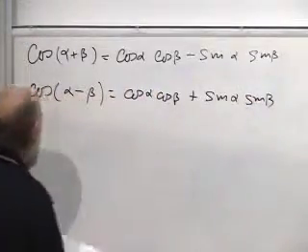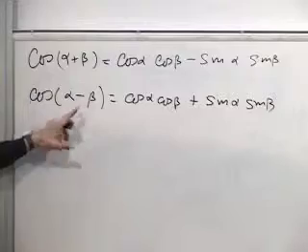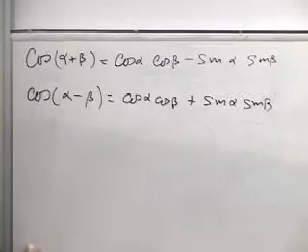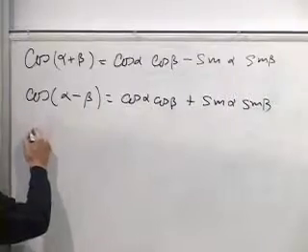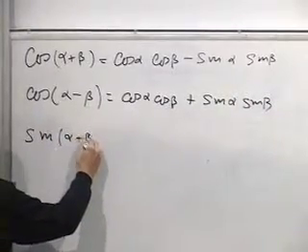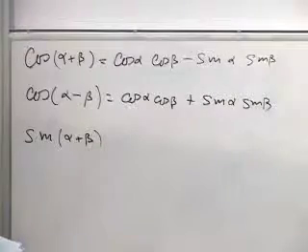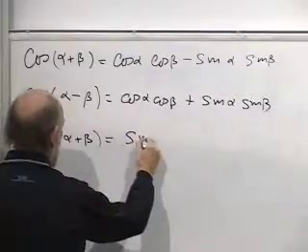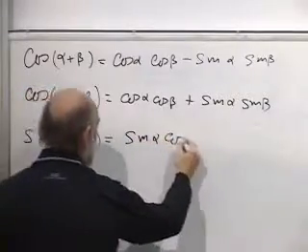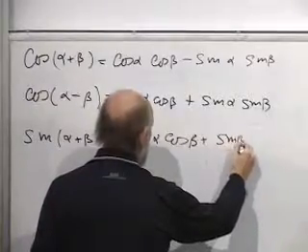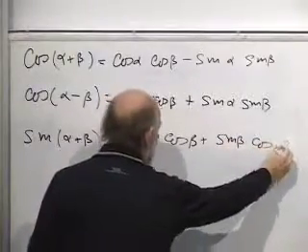Notice we don't change sine alpha. We haven't done anything to alpha, we've only done something to beta. We will also need sine of alpha plus beta, and that is equal to sine alpha cosine beta plus sine beta cosine alpha.